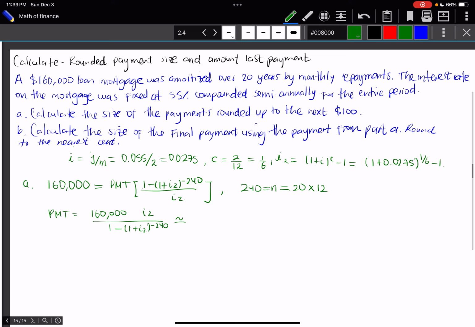And when we use a calculator, we get the value approximately 1095.03, where this weird equal sign means approximately equal to. And to round this up to the next $100, we get $1,100. This is the answer to Part A.